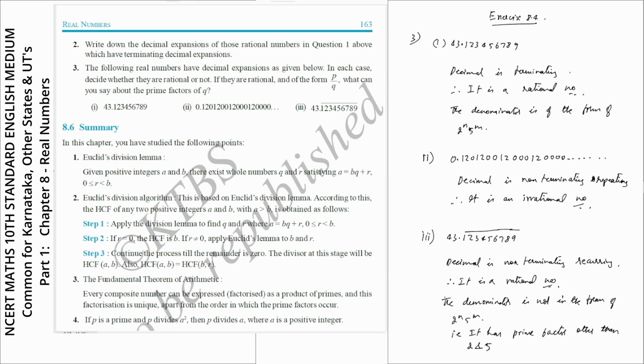And in the first case the prime factors are 2 and 5, while here there are factors other than 2 and 5. And that completes this question and this chapter.